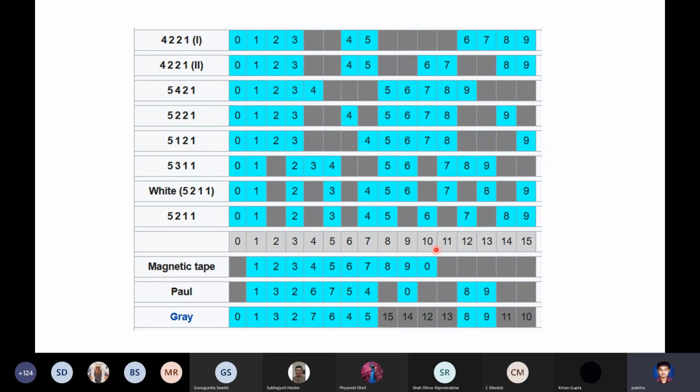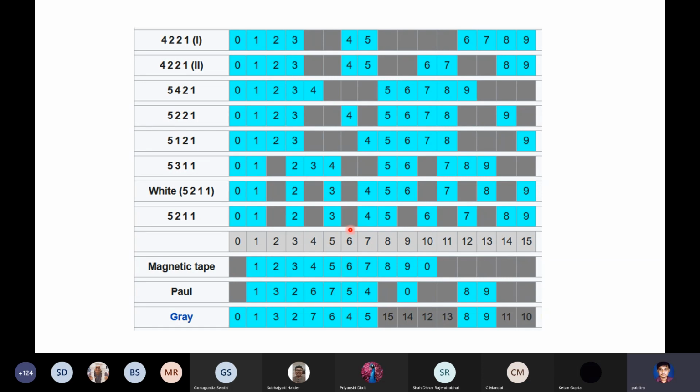People used many other strange combinations also. For example, there is something called a magnetic tape code, which is something like this. The all-0 tetrad is not used because that's difficult to detect on a magnetic tape. So other possible combinations are also there.